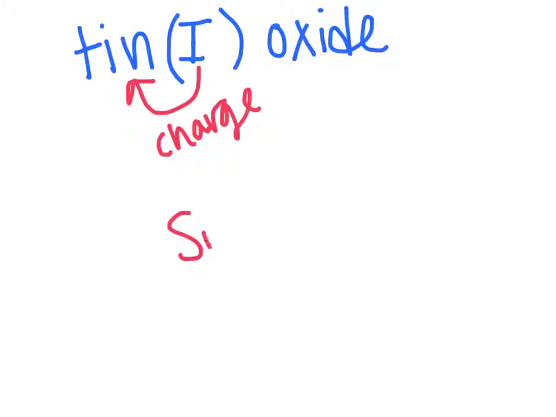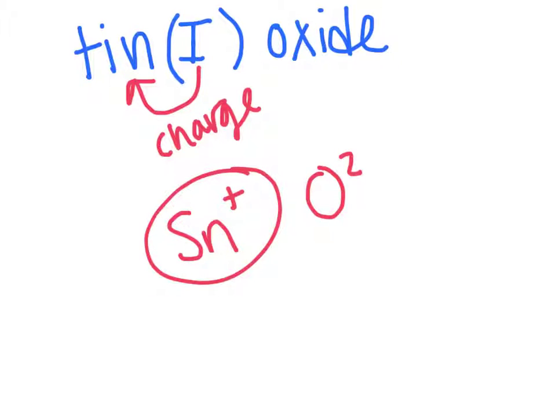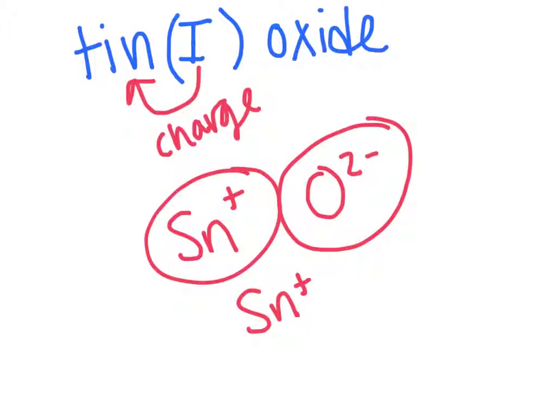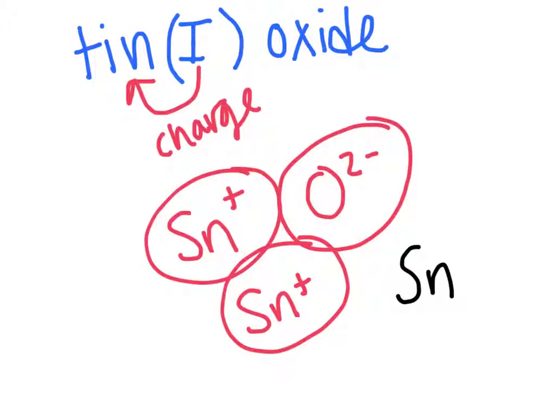So it's Sn, which comes from its Latin name, 2 plus, bonded to an oxygen with 2 minus. That's certainly not neutral. Oh, actually, it's already balanced, 2 plus and 2 minus, which results in a chemical formula of SnO, and that's my final answer.